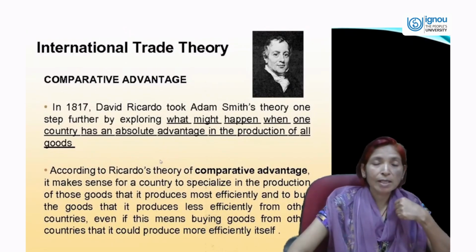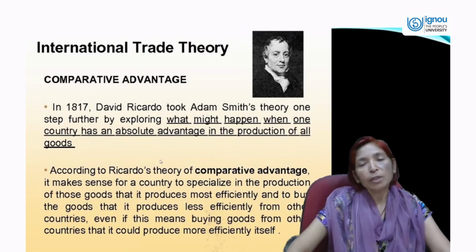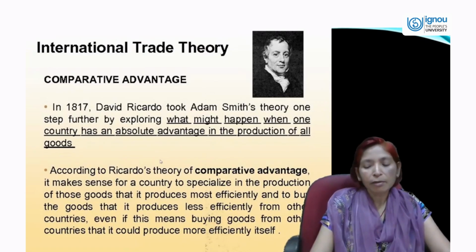So David Ricardo assumed that if a country is able to produce both the products in an efficient manner, in that case, they will also enter into international trade and they both will get advantages from this international trade.